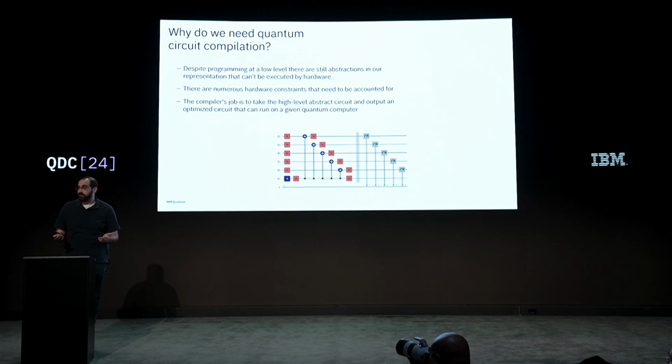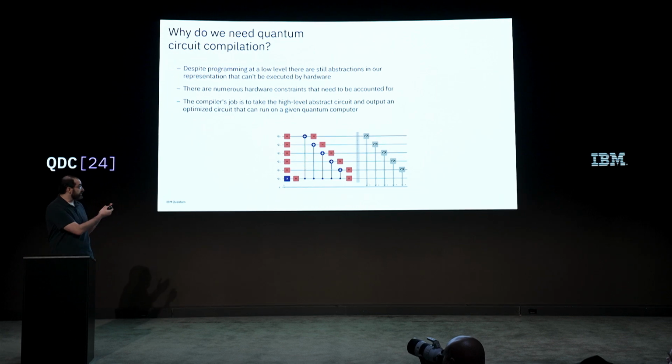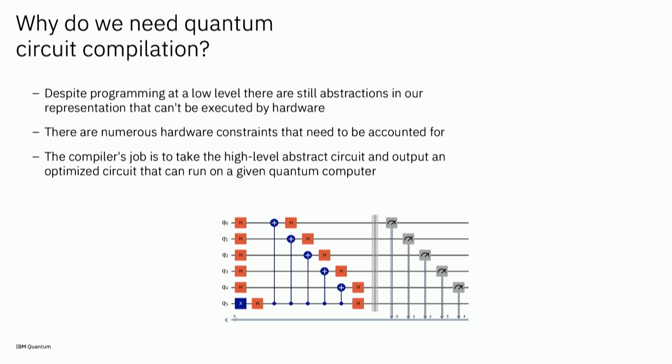So to show this, I've put up this Bernstein-Vazirani circuit. It's just a textbook circuit. The details of it don't really matter, except that it has a deterministic result. And for that, it's easy to demonstrate the value of a compiler. So this circuit is very low level, with standard textbook gates, Hadamard, CX, and an X gate, and then some measurements, and the barriers are just for visualization in this case.